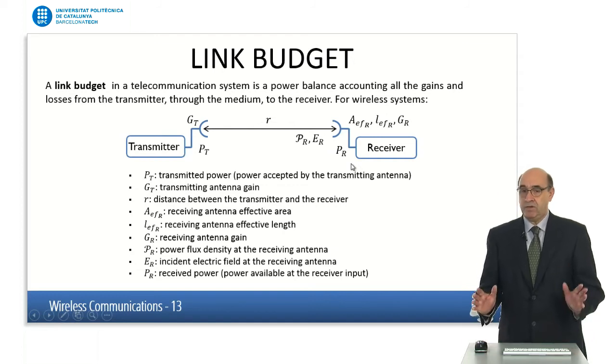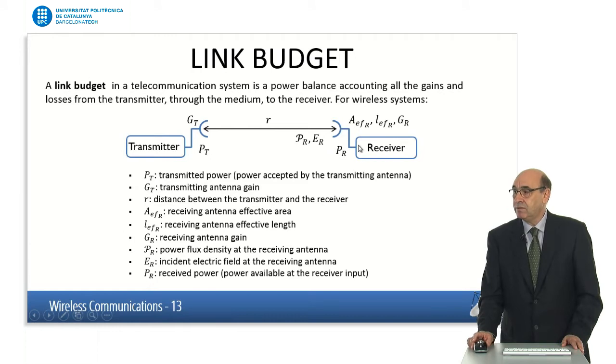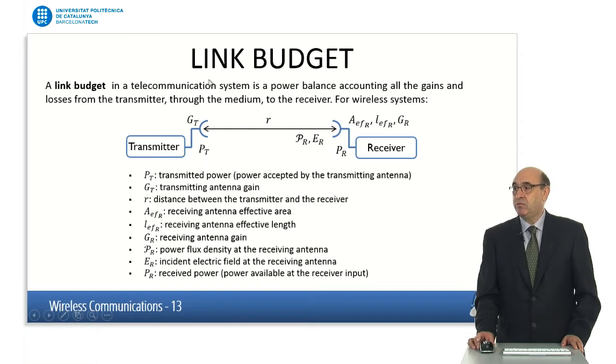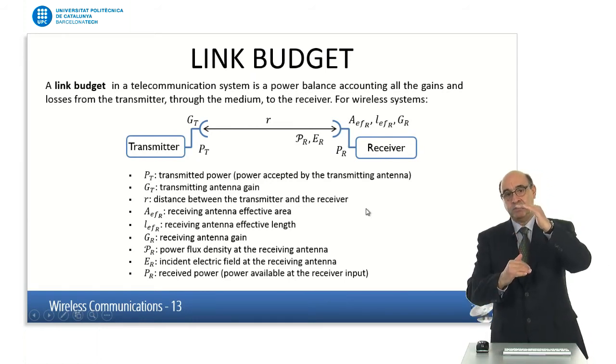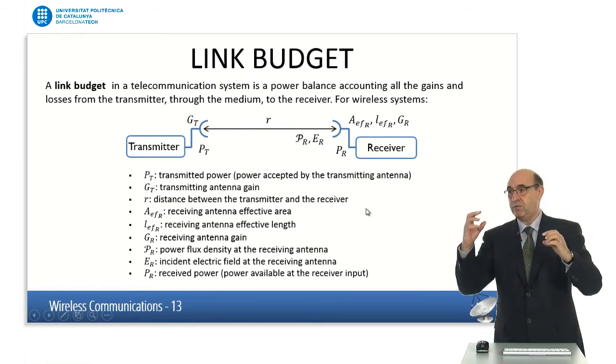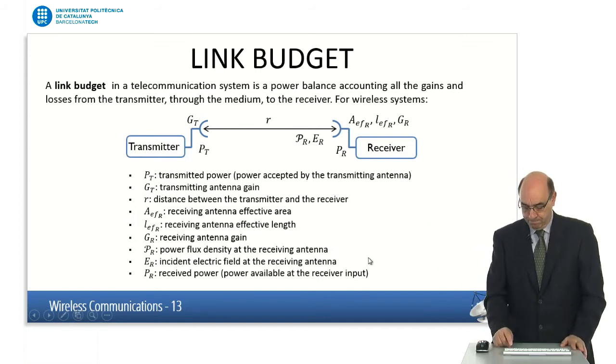And this is a very important balance, because this is going to tell you the ratio of the received power to the transmitted power. And this is what we call a link budget. It's just a list of parameters where you start with the transmitter power and you end with the receiver power.